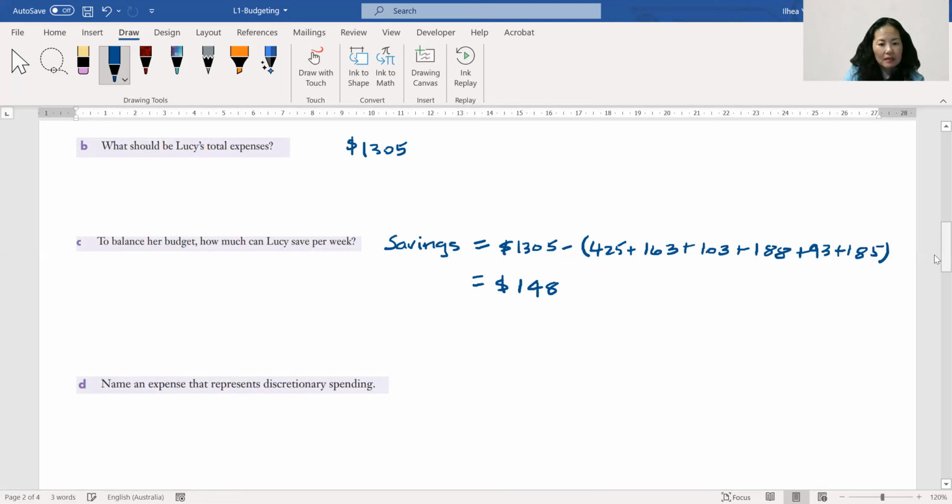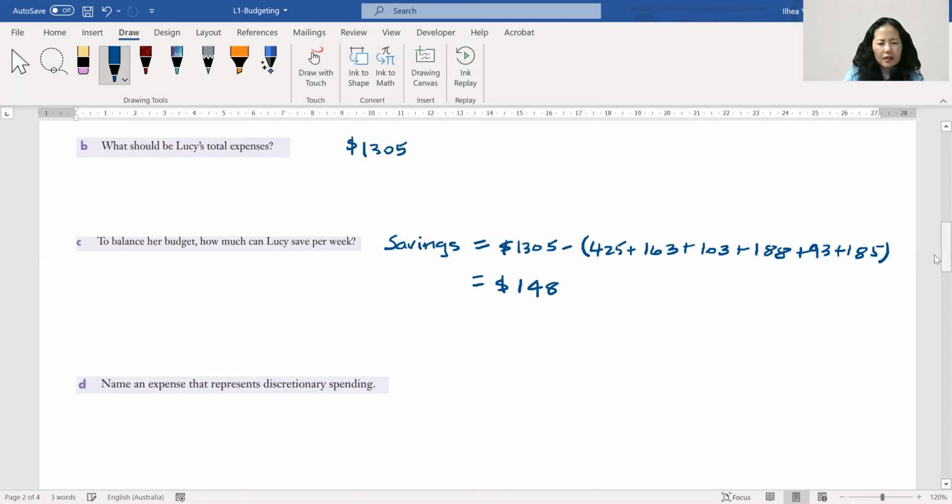Name an expense that represents discretionary spending. So not necessary items. That's what we're talking about when it comes to discretionary spending here. First thing that comes to my mind is entertainment, and possibly car loan as well.